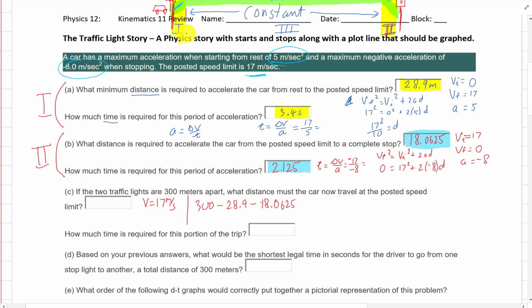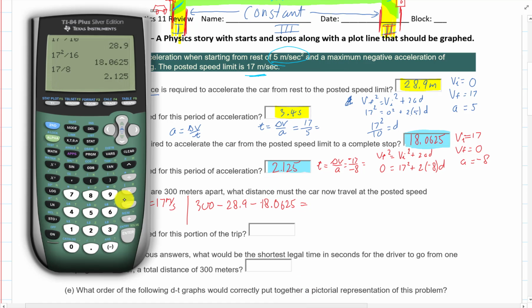There's an acceleration distance of 28 meters and a deceleration distance of 18 meters. So the rest of the distance is 300 minus that number minus that number, and we get 253.0375. I'm just keeping a stupid amount of sig figs.